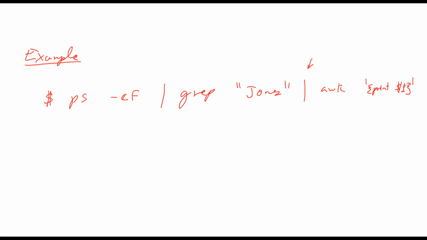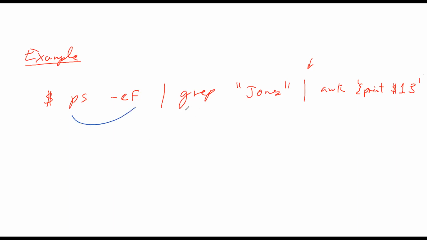Because remember, it's going to have its own notation, right? So this is going to be print $1, close curly bracket, close single quote. So what this does is, obviously, we get the output of the processes.